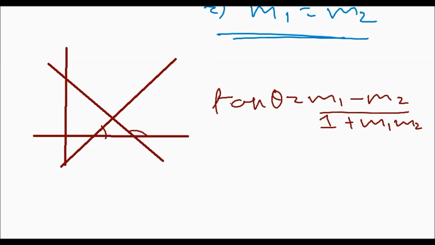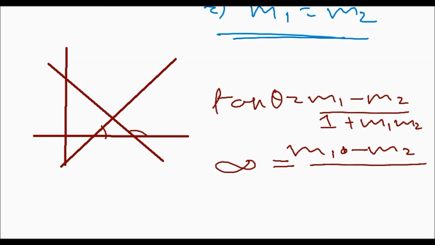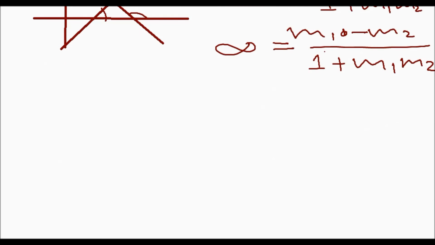For perpendicular lines, tan theta becomes infinity, so the denominator must equal 0: 1 plus m1 m2 is equal to 0.